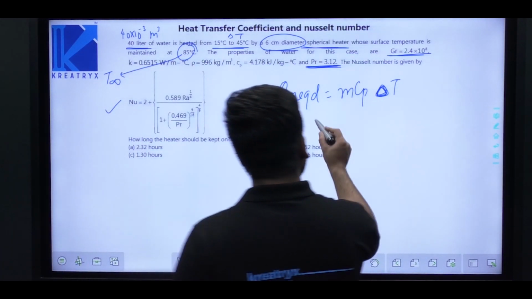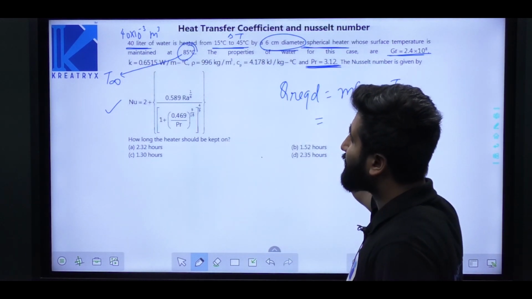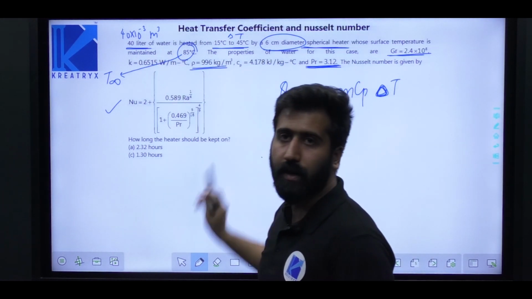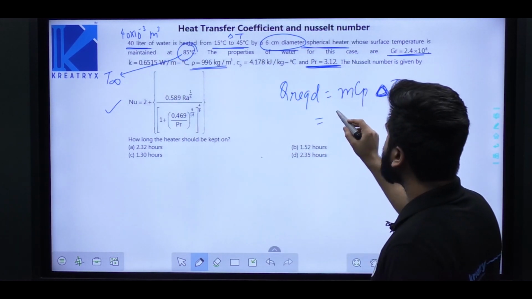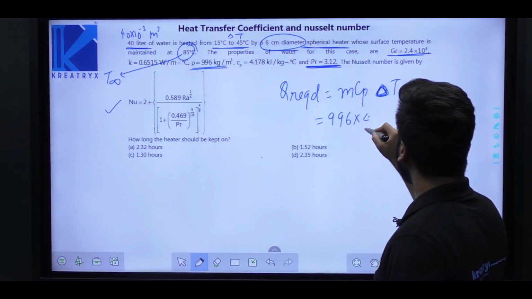M is in kilogram here, but this is volume, and density is given. So rho into volume will give me mass. So this is 996 into 40 into 10 to the power minus 3.